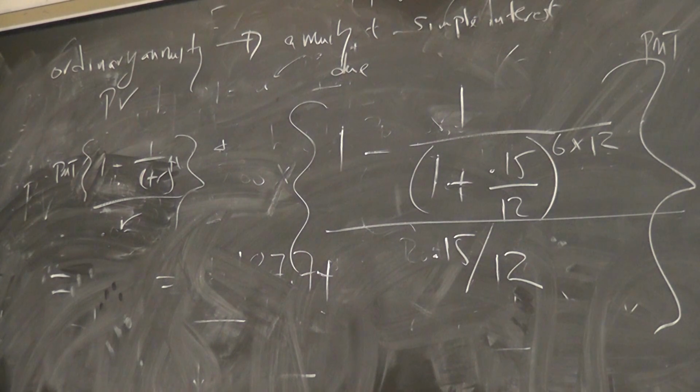Annuity due starts at period 0 and ends at period n minus 1. So you still have the same number of payments. The ordinary one starts at period 1 and ends at n. Again, that stream is shifted one period to the left. Therefore, its PV must be higher by a factor of 1 plus R, and so is its future value. Why? Because if you compound, you earn interest for an additional period. Again, 1 plus R. Does that make sense? Yes.